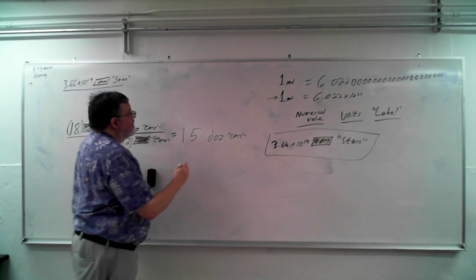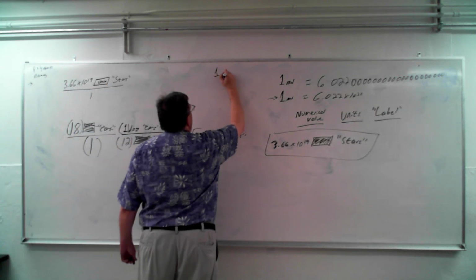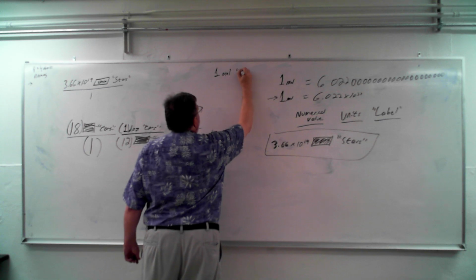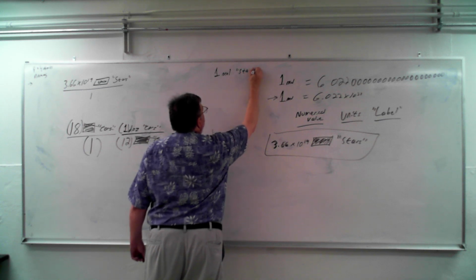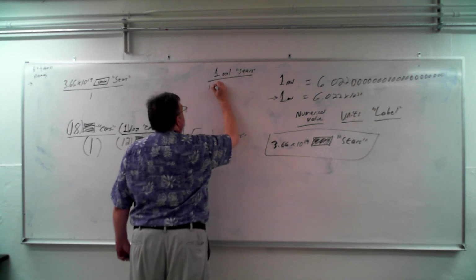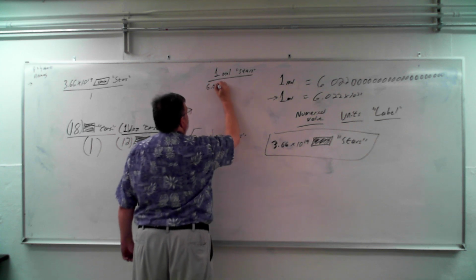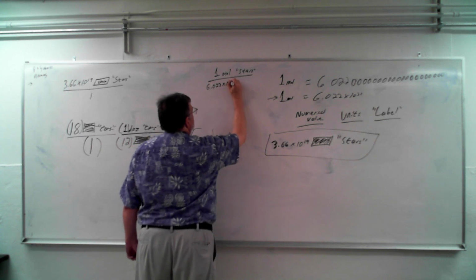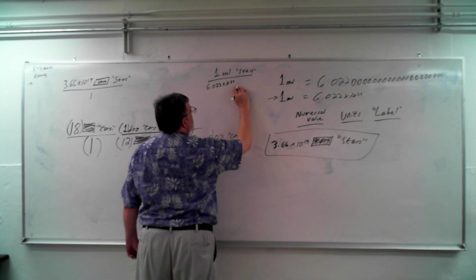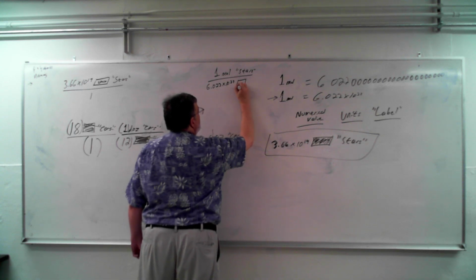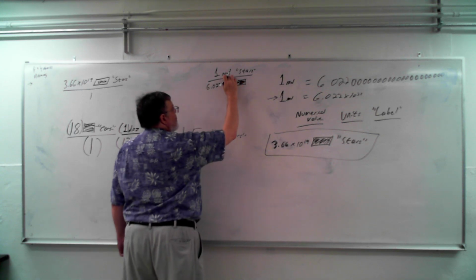So like I told you before, I'm going to say 1 mole, and I'll go ahead and make it in terms of stars, is 6.022 times 10 to the 23 blank, where the unit would be.